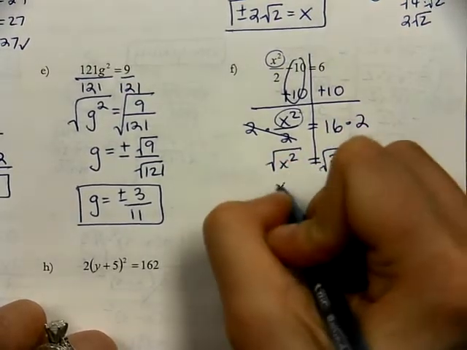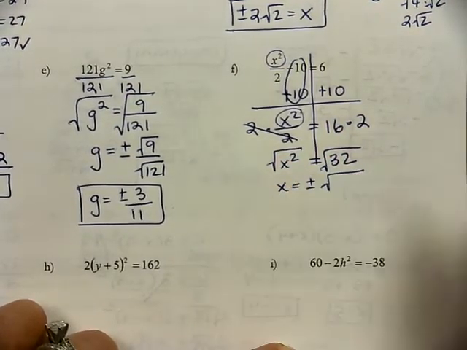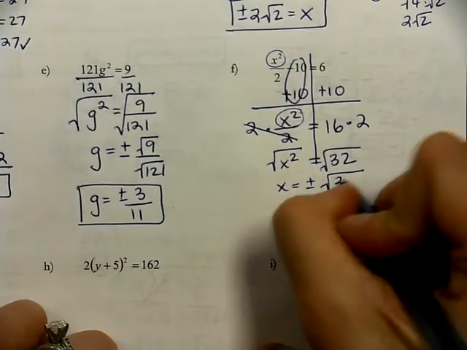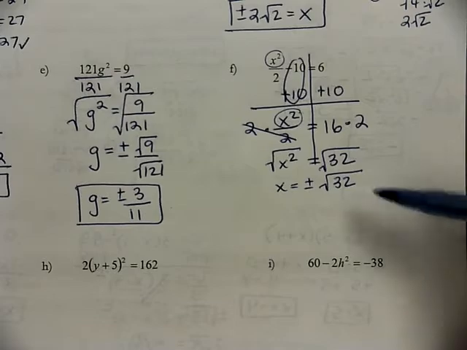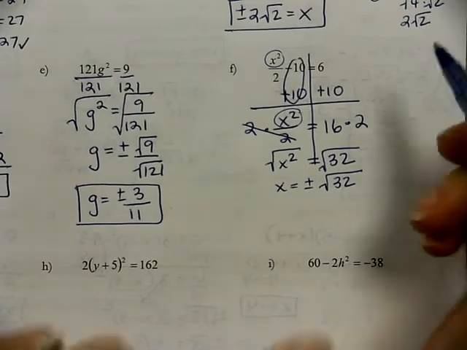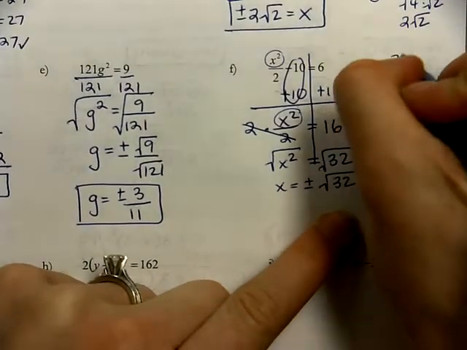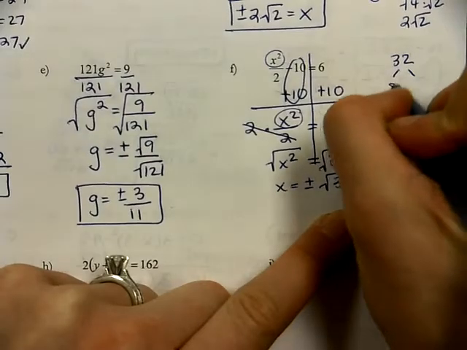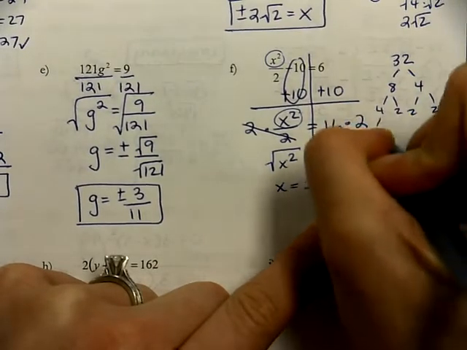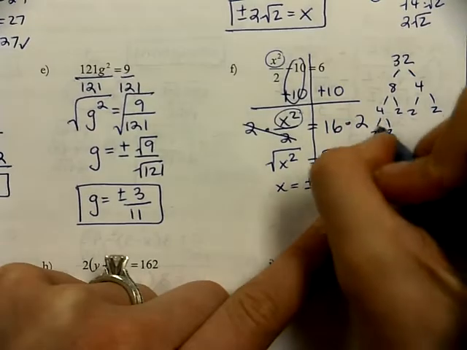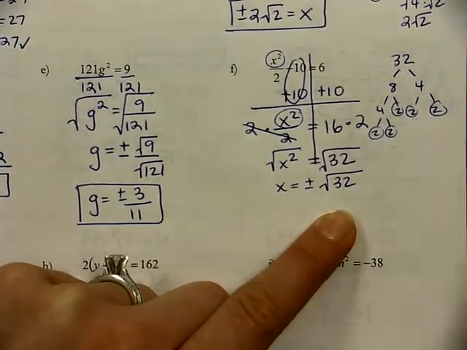And now I can do my inverse operation of square rooting, and I get x equals plus or minus square root of 32. I have to try and simplify this if I can. 32 is not a perfect square, so the solution won't be an integer, but I can either do my factor tree and do, well, that's, what is that, 8 times 4, 2 times 2, that's 4 times 2, 2 times 2. Oh my goodness, we have so many 2's. 1, 2, 3, 4, 5 2's.